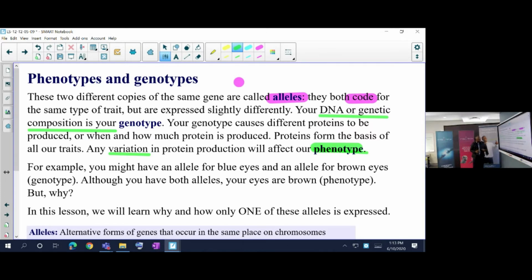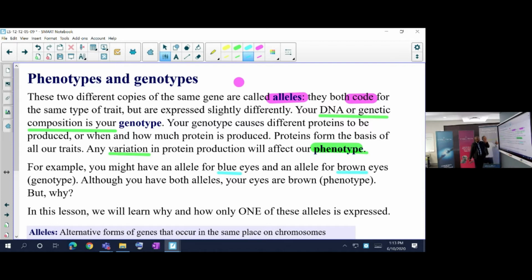Thank you. For an example, you might have an allele for blue eyes and an allele for brown eyes. The trait here, or the gene here, is the eye color, which can be either blue or brown. So the eye color is the genotype, but the color that we then see becomes the phenotype.